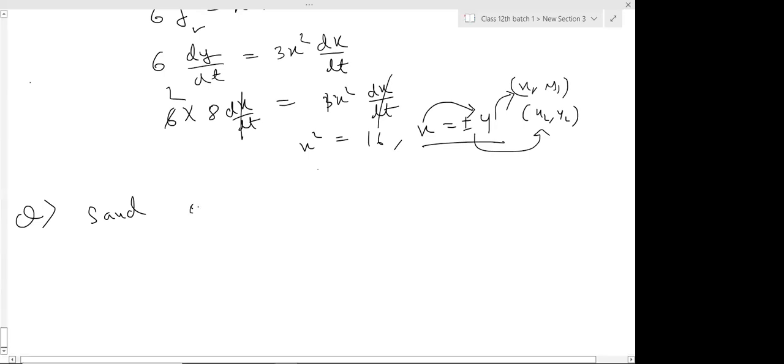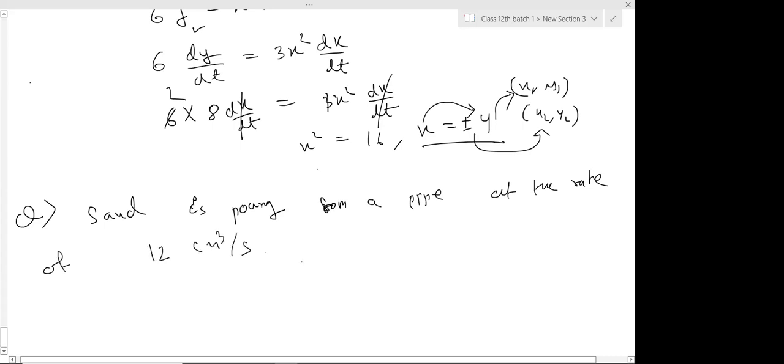So next question is, sand is pouring from a pipe at the rate of 12 centimeter cube per second.